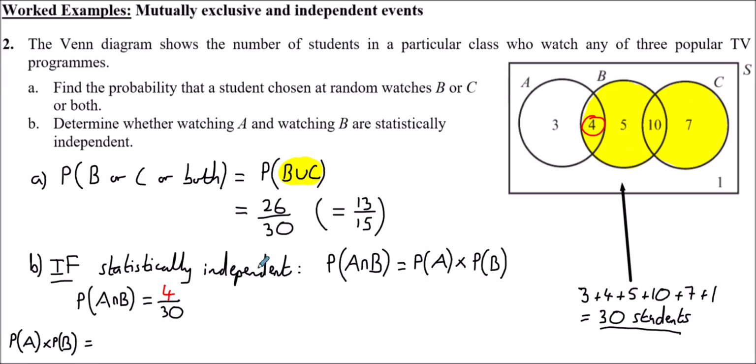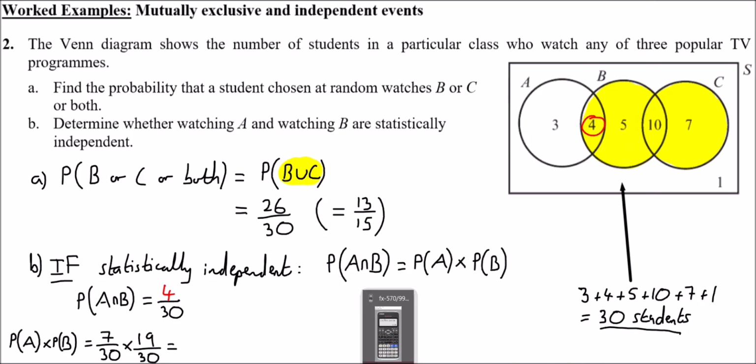So for P(A), everything in A is this 3 plus 4, which is 7. So the probability of A is 7 students out of 30, multiplied by P(B). B has 19 students. So the probability of a student liking show B is 4 plus 5 plus 10, which is 19, out of the 30 students.